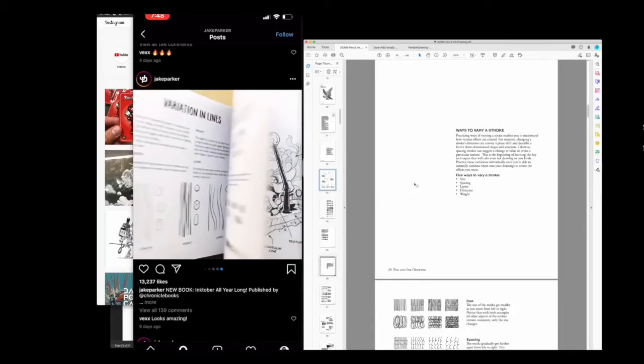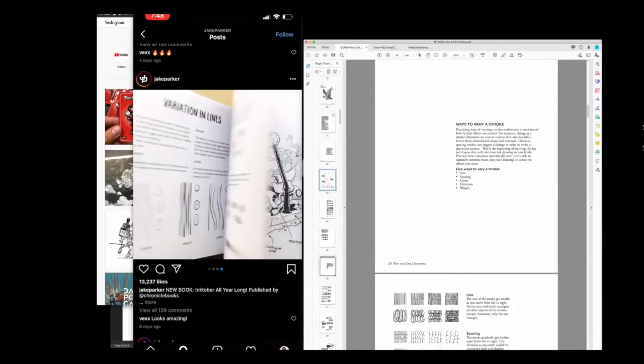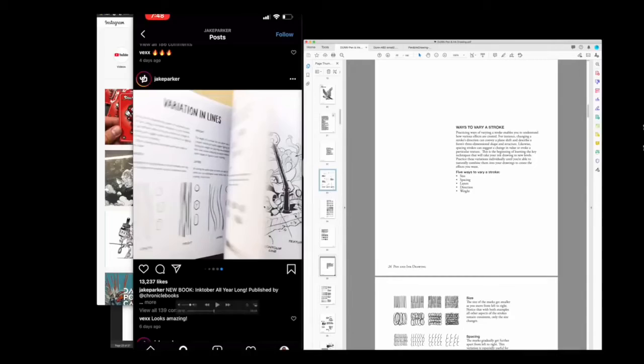So, ways to vary a stroke. This is another example of when you copy stuff, you steal people's stuff without even understanding the grueling process of development. It took me so long to decide on what word to use.